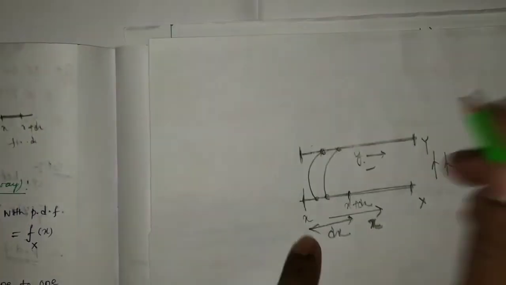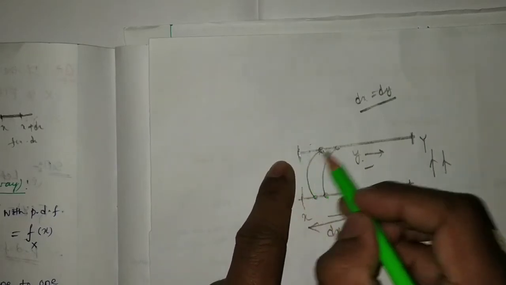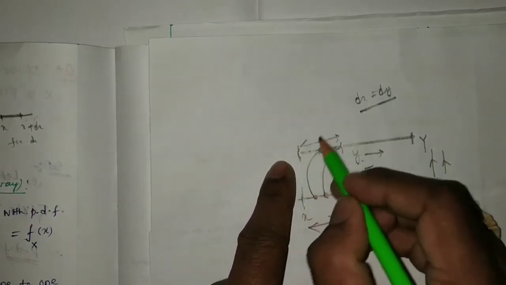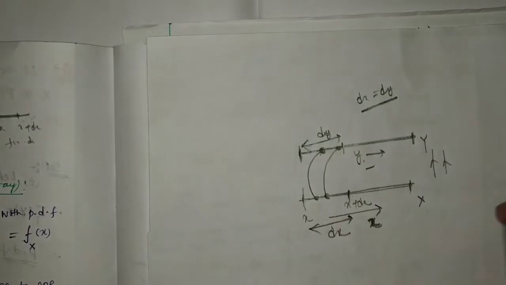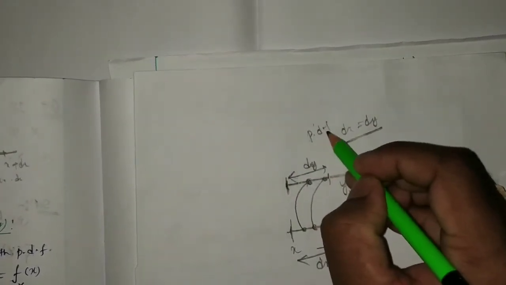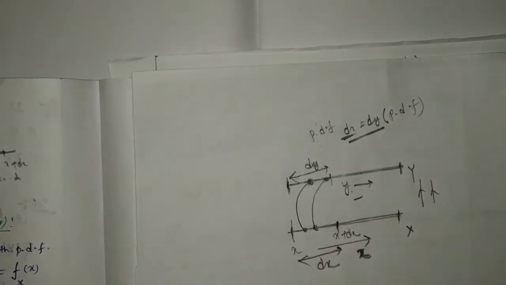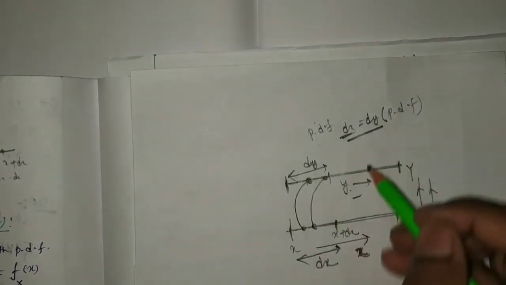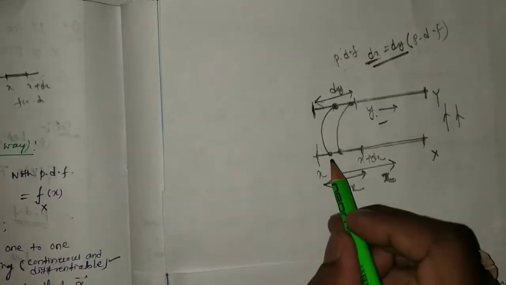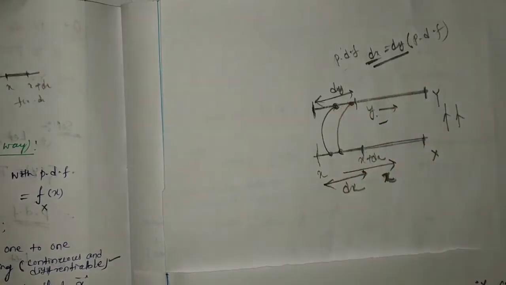Suppose this is the dx length, and we consider dx equal to dy in the y line. Then the PDF of x will be multiplied with the PDF of y, because both are one-to-one mapping, meaning each value of x has one y that has to exist.